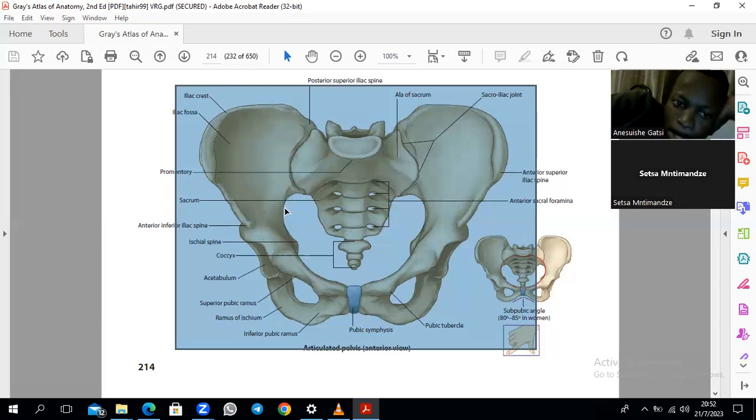This line here, which I said is at the pelvic inlet, we call it the arcuate line. The whole line, when it is now extending to the pubis anteriorly, is called the iliopectineal line. But just the curved line on the ilium is called the arcuate line. And where the two hip bones meet anteriorly, the two pubic bones particularly, there is a joint called the symphysis pubis, or the pubic symphysis.